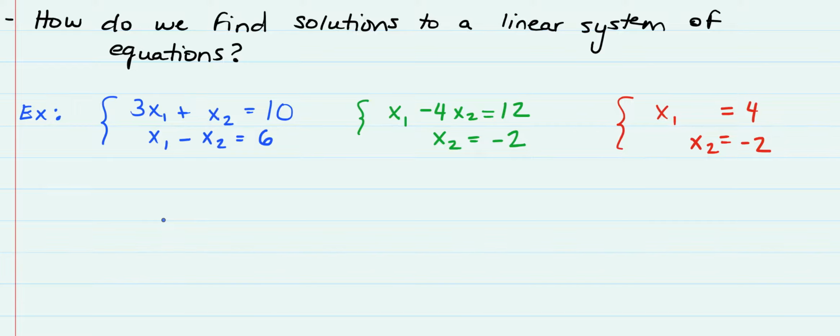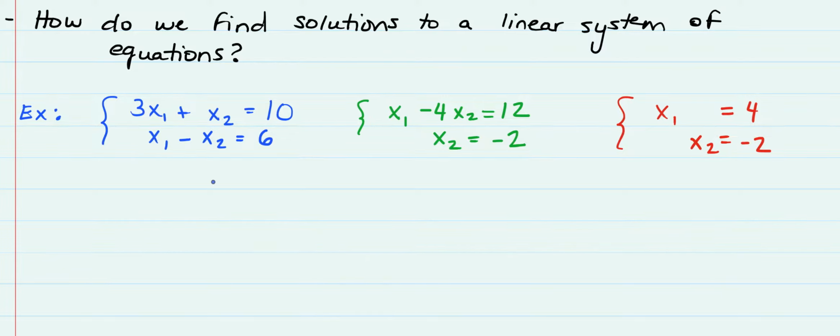The first option is just one solution, so we get an x sub 1 equal to a number and x sub 2 equal to a number. The second option is we get infinitely many solutions, so there's infinitely many numbers that satisfy this x sub 1, x sub 2. And the third option is we get no solution, so we can't find an x sub 1 and x sub 2 that satisfy this system.